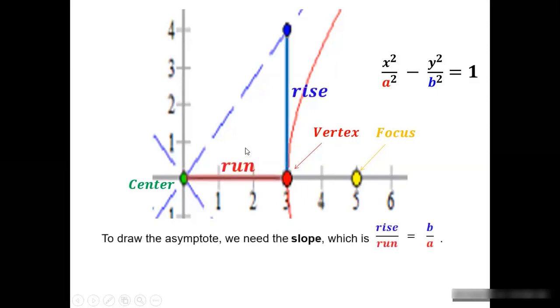Now notice that in order to find the slope of this asymptote, we simply did the rise over the run. Now notice that the run is what's attached to x, so that's our a value. The rise is what's attached to y, that's our b value. So now in this particular problem, the distance of this vertex is a, the distance up in order to create our asymptote is b.